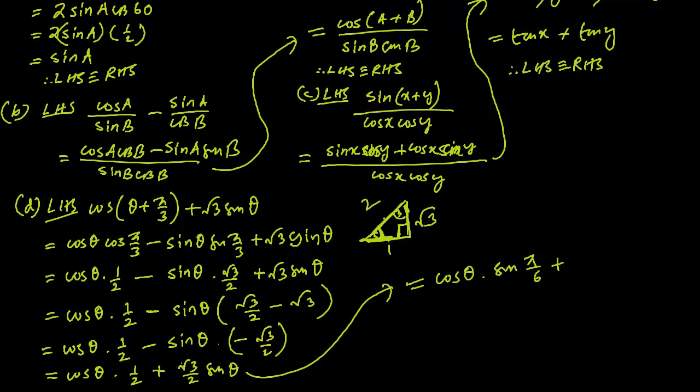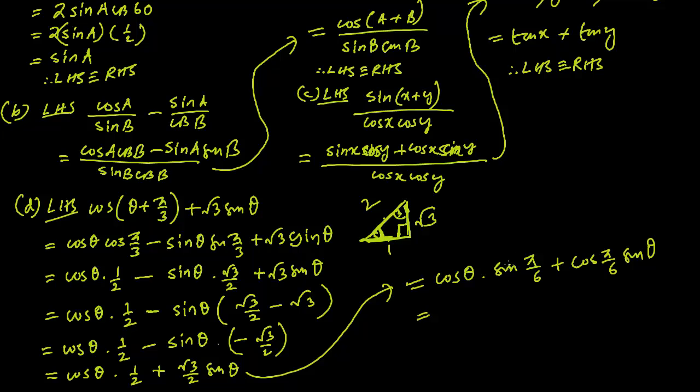Plus, what is square root of 3 by 2? Well, cos 60 degrees is half, and cos 30 degrees is square root of 3 by 2. So that is going to be pi by 6. So this is going to be cos pi by 6 sine theta.